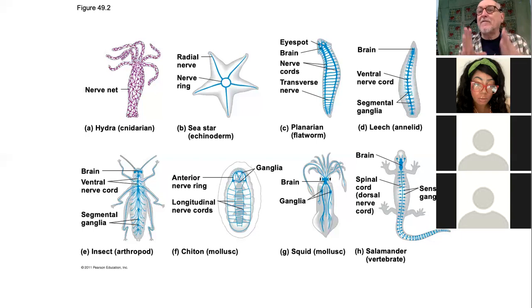This can be in the form of a very simple system, but I should warn you that you will find that even the simplest systems are in fact very, very complicated in the way they operate. But if we look at organisms like Hydra, which are radially symmetrical, we see there some of the simplest of the animal nervous systems.